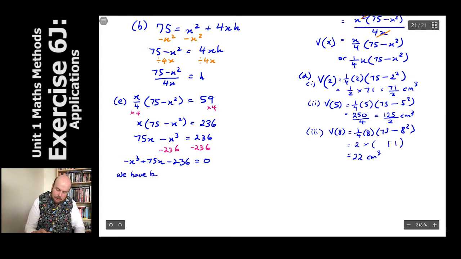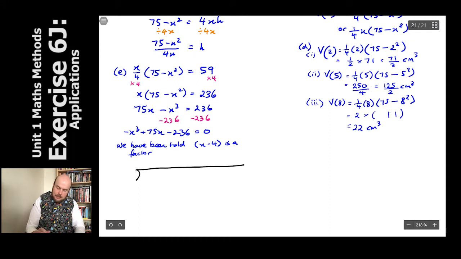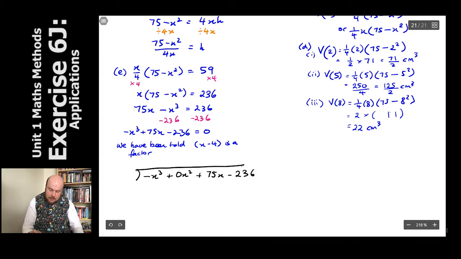We have been told x minus 4 is a factor. Okay, so we'll divide accordingly. Now, again, this is going to be one of those instances where we need to put a 0 thing in here: negative x cubed, 0x squared, 75x minus 236, divided by x minus 4, so that we have that complete.